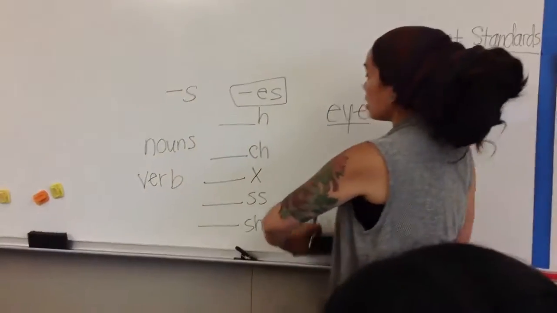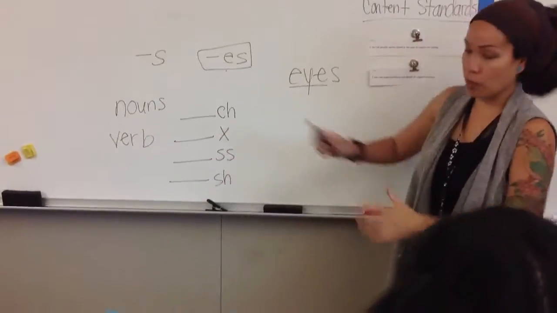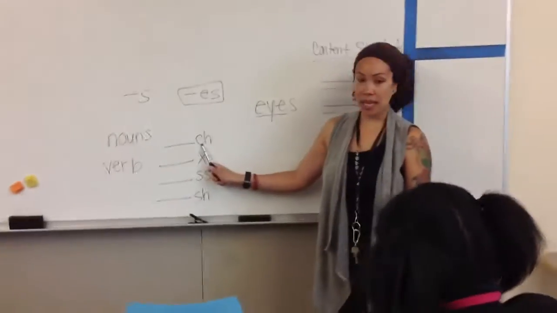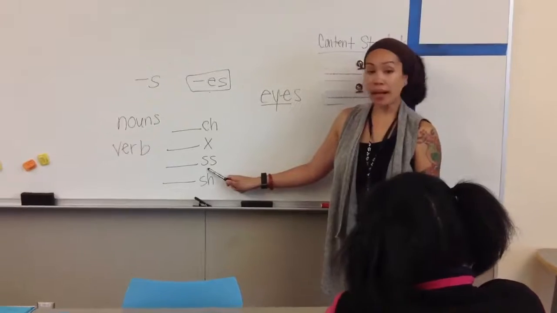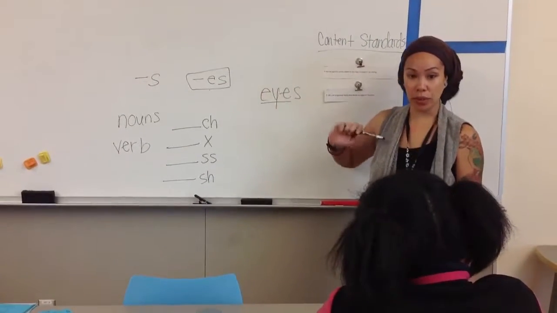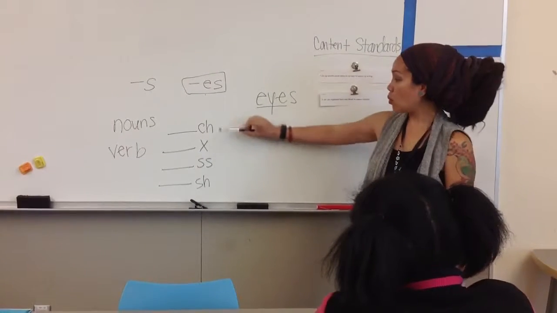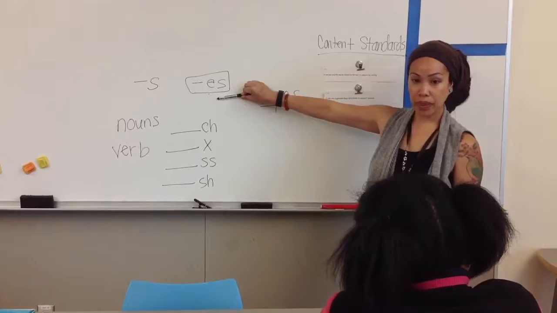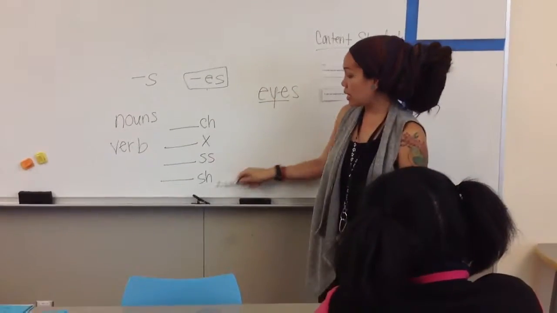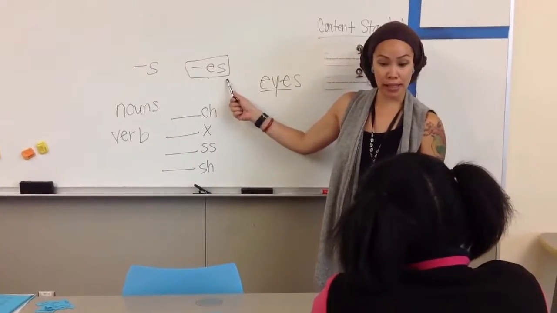So I'm going to erase this here. So when the base word ends with CH, X, SS, or SH, we have to add what to the base word? What do we add to the base word? Yes. So if it ends in any of these four spelling patterns, we must add ES.